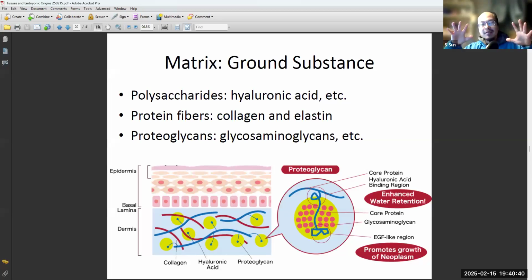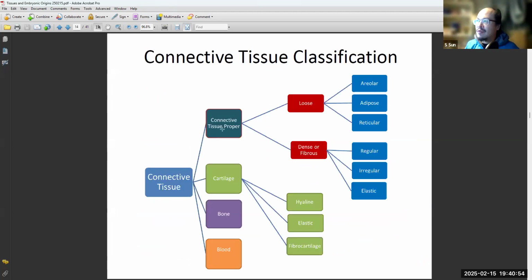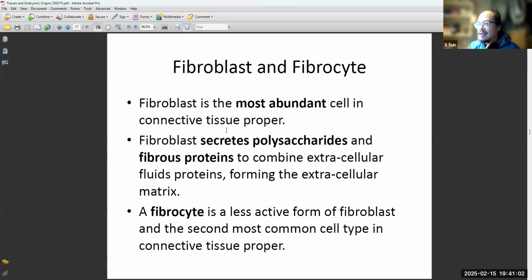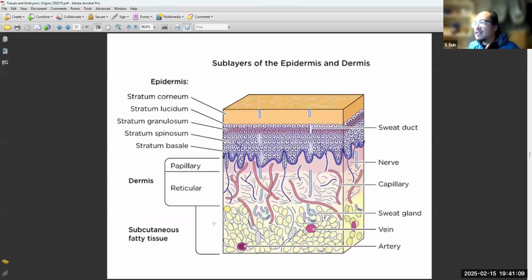So now we know the cells, we know the matrix. All of these structurally form the connective tissue proper. You can see that this is basically forming skin. Skin is a typical example.